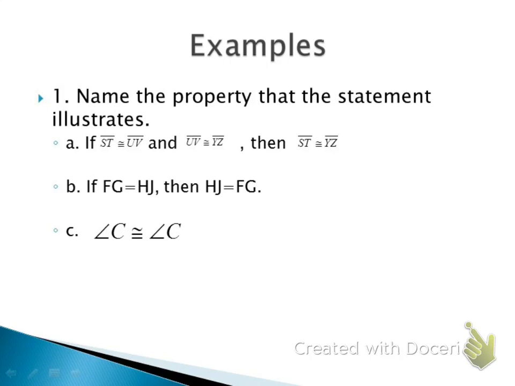Alright, here are some examples. I don't think it's necessary to write the directions on this, so if you want to just put 1A, then write out what you see, B, write out what you see, C, write out what you see. You will know that we were naming the property once we write the answers, so if you want to skip the directions, that's fine by me.